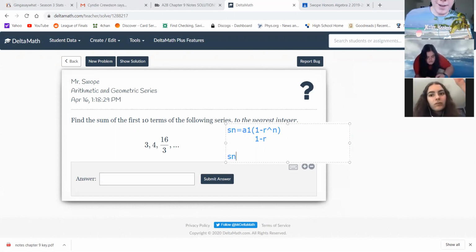So we would have S n equals a1, so 3, times 1 minus our r. To find your r, you can take the second term divided by the first term, or just divide by the previous, but 4 divided by 3 would just be 4/3.